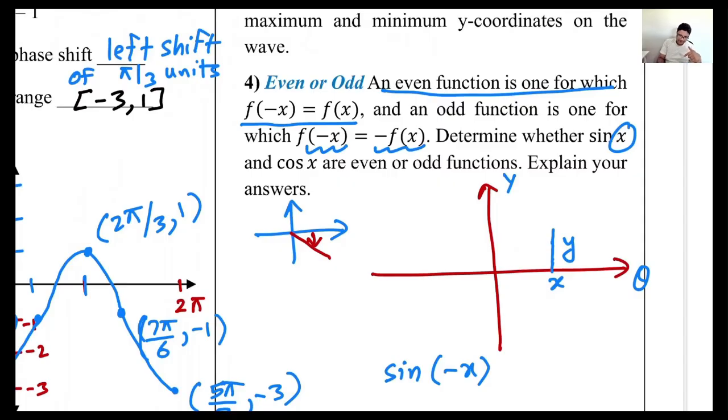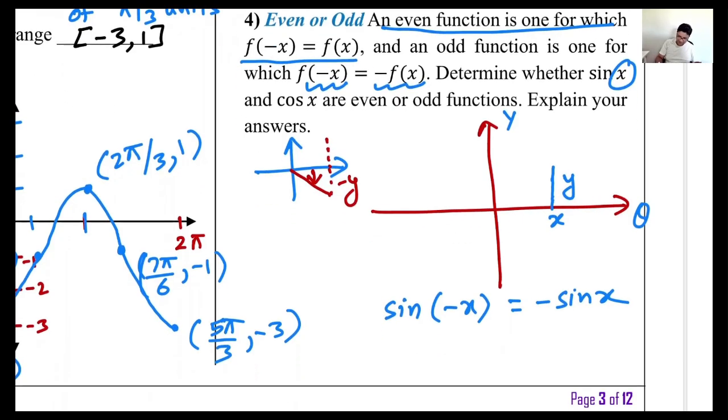If you go to the fourth quadrant, your y coordinate will become negative y, right? The same amount, if you move to the fourth quadrant from positive to negative, your plus y will become minus y. So the value that you will get would be the negative of what it was before. So sine x is odd.